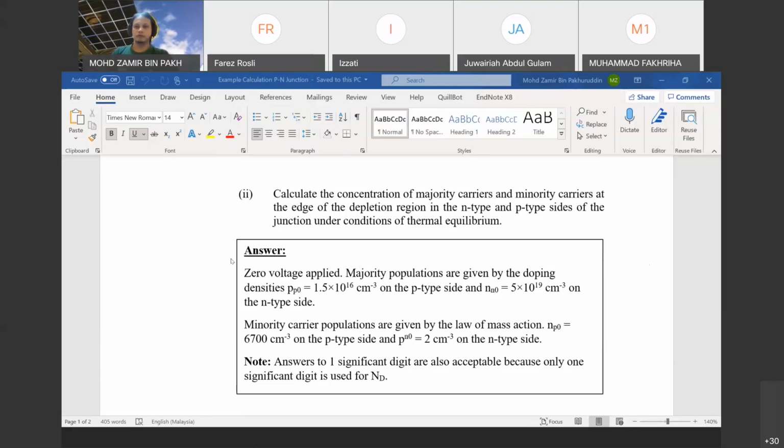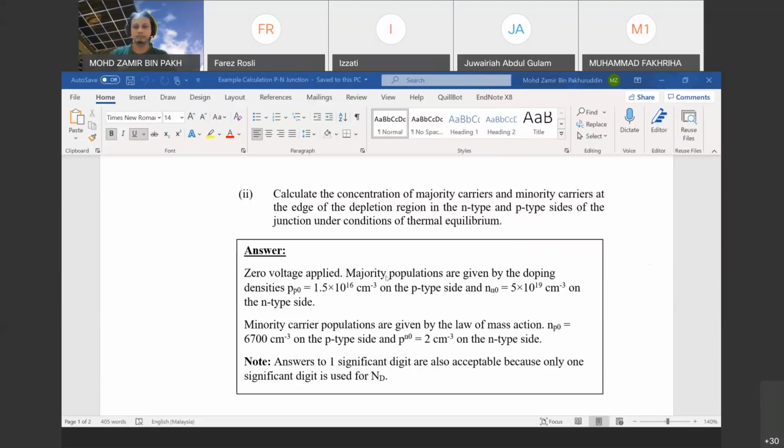Sama. So the first thing to do is write down your majority carriers, Na and Nd, which will not change. Dia akan sama aja untuk setiap soalan. Then you just have to calculate the minority carriers accordingly. And for Pn naught, the n naught is supposed to be a subscript, not superscript. Pn naught is about 2 per centimeter cube on the N side.